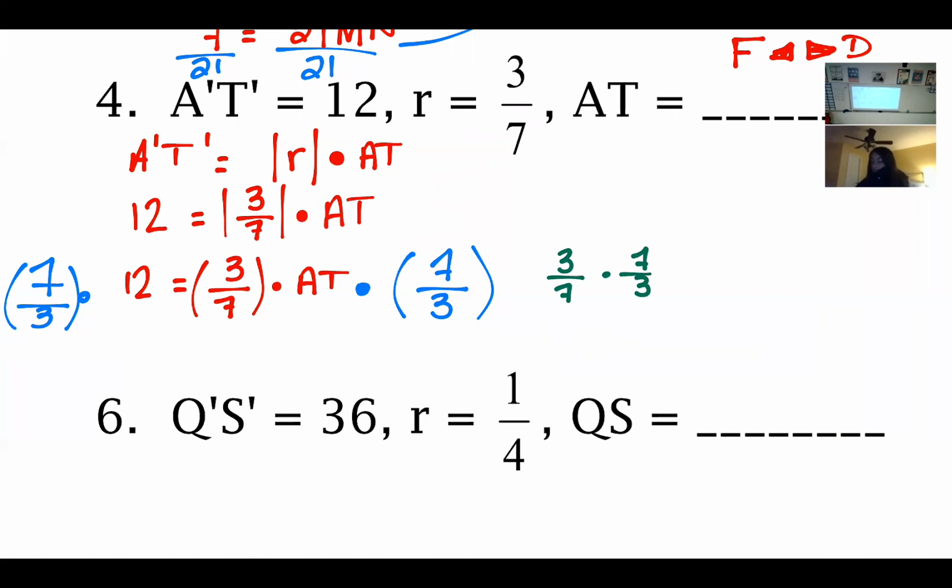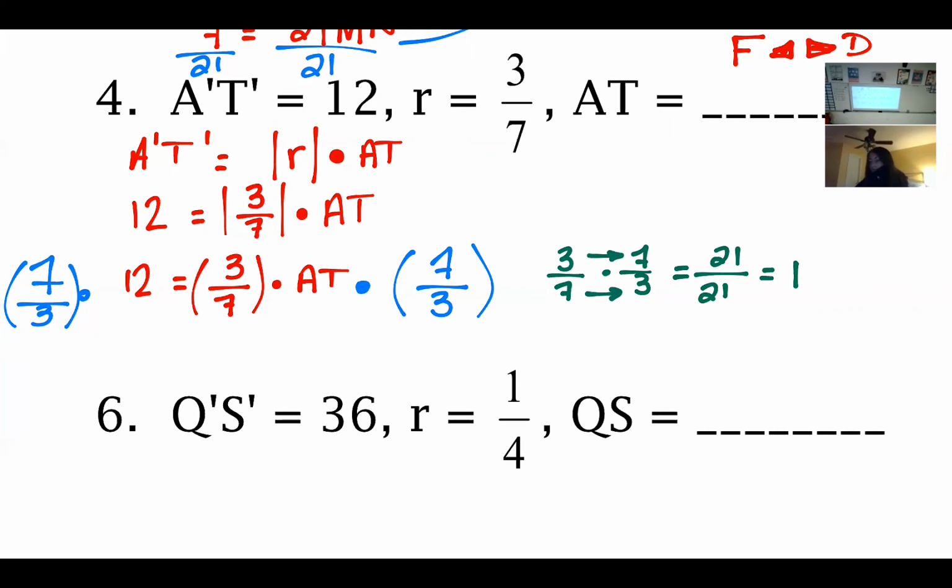When you multiply fractions, you multiply straight across the top, straight across the bottom. 3 times 7 is 21. 7 times 3 is 21. 21 divided by 21 is, survey says, 1. So when you multiply by the reciprocal, you are creating a 1. Just like up here where we divided by 21, we were just creating a 1 because we want to isolate A.